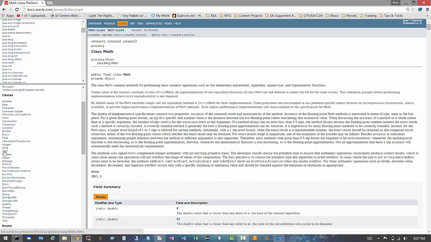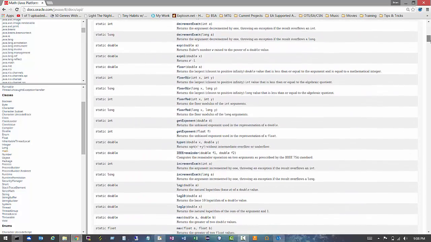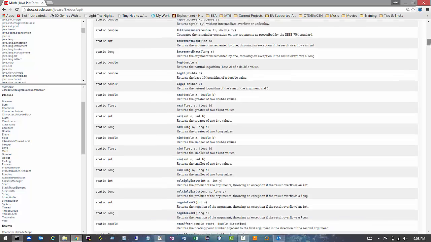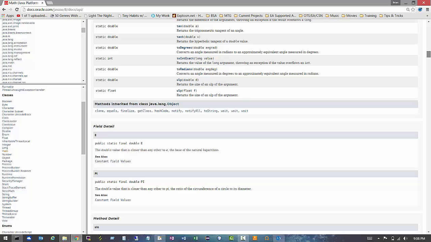If we look at this math class, what you'll find is there are some static constants, e and pi, which are commonly used in mathematics, and a number of static methods that correspond to various mathematical operations.